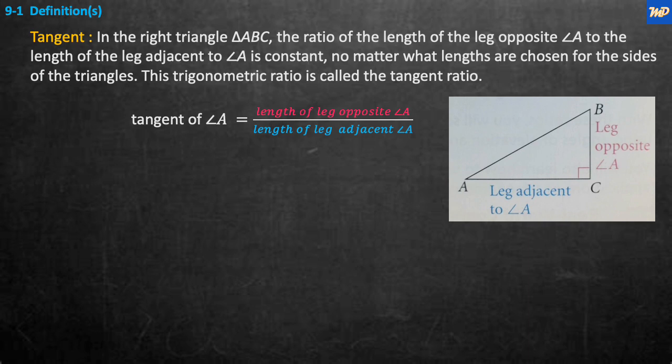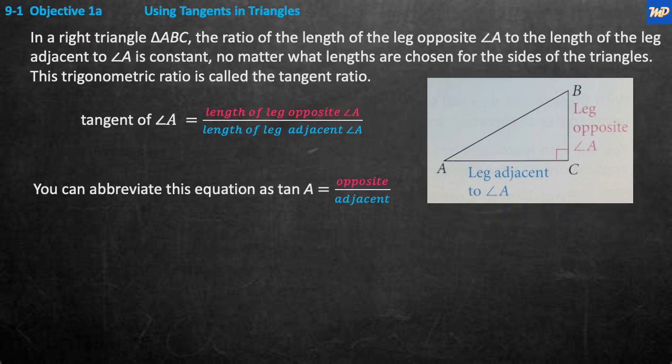No matter what the lengths are chosen for the sides, no matter how big the triangle is, as long as we have angle A, we know that the side opposite and the side adjacent remain with a constant ratio, the trigonometric ratio. It's called the tangent ratio. And what is the tangent of angle A? The tangent of angle A equals the length of the leg opposite angle A divided by the length of the leg adjacent to angle A. We'll look at it again in the next slide.